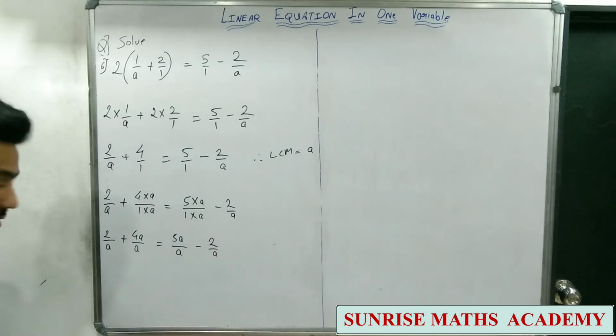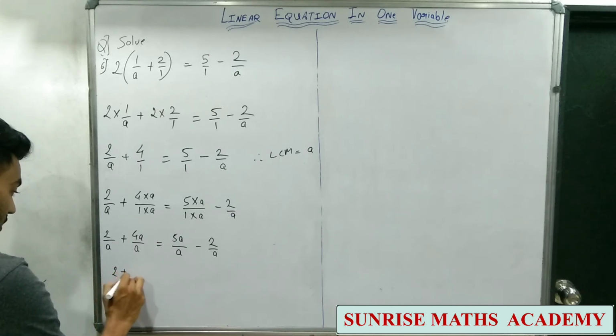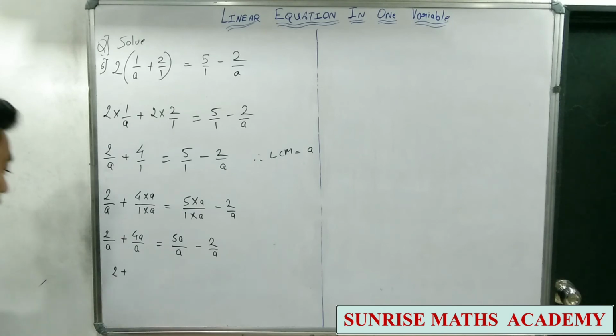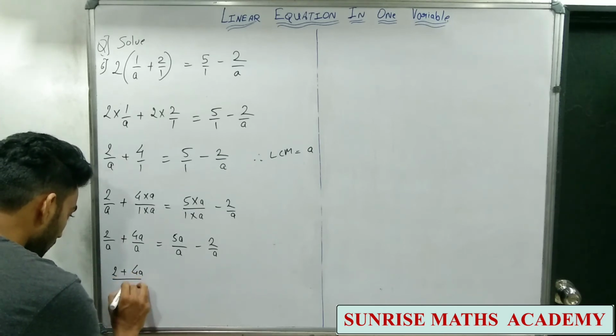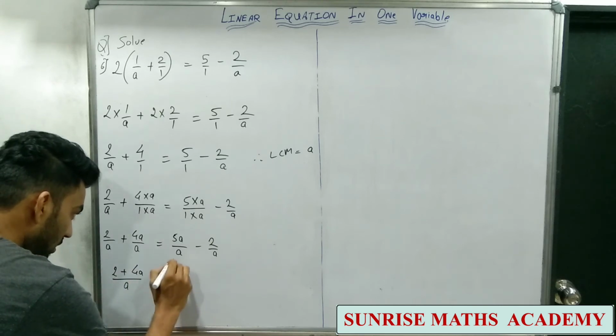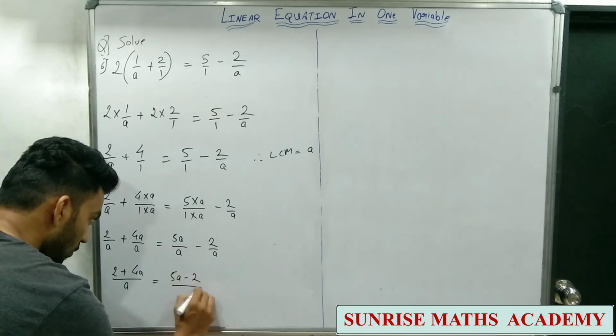Now we can add the rational numbers because denominators are same. To add the rational numbers we have done this step to make the denominator same, then only we can add them. So 2 plus 4a upon a, denominators are not added, then 5a minus 2 upon a.